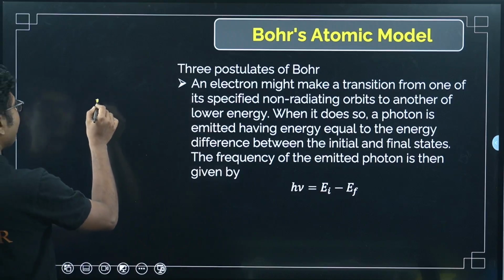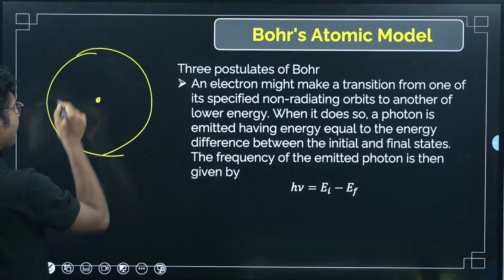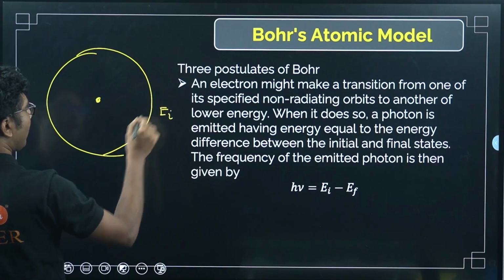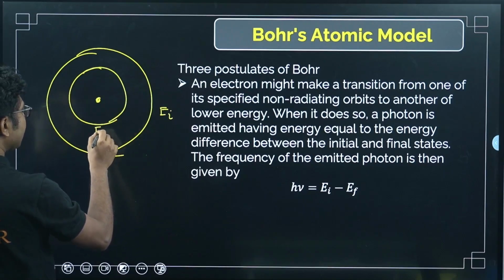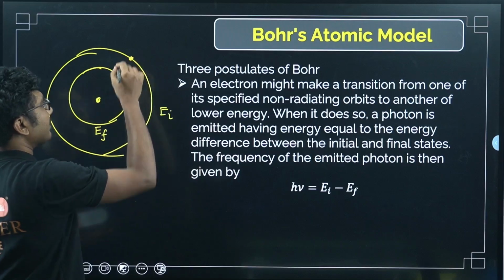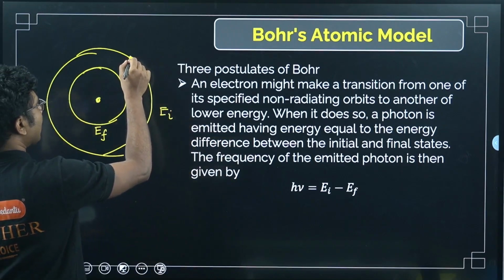Suppose an electron is orbiting around a nucleus at some orbit. This is the initial energy, Ei. And there is another orbit with a final energy, Ef. An electron orbiting in one orbit has the liberty to jump from here to here.